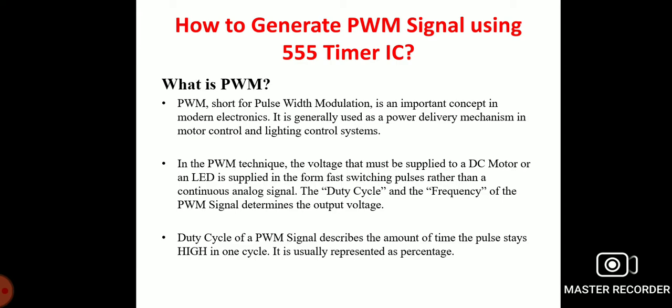The timer IC is set up to work in two or three modes. The timer IC can be used for temperature ranges from minus 55 degrees to 125 degrees Celsius, and the sink current or source current is 200 milliamps of load current in the IC 555 timer.